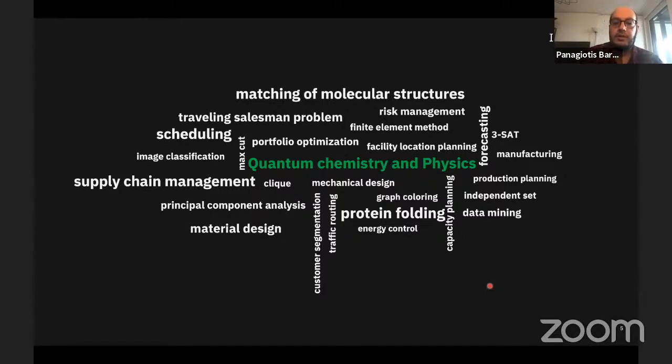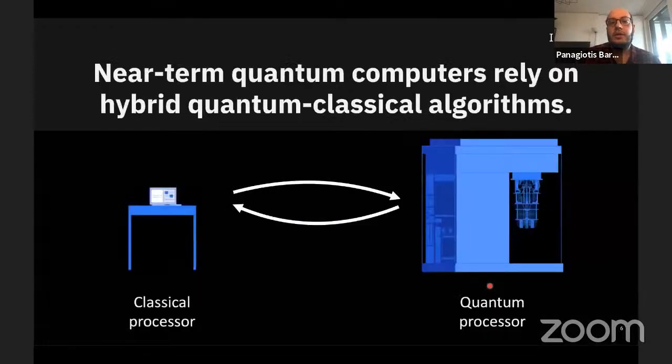In order to do this, and in order to find applications that can be done in the current hardware, we are using schemes that rely on hybrid quantum-classical algorithms. This means that the part that can be done efficiently in a classical processor is outsourced to a classical computer, whereas the part that can be done in the quantum processor is outsourced to a quantum computer.